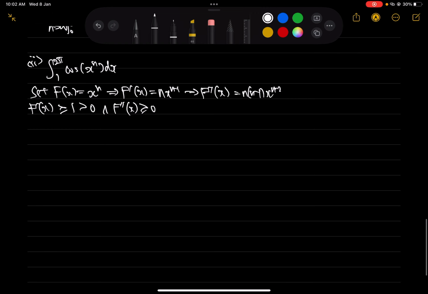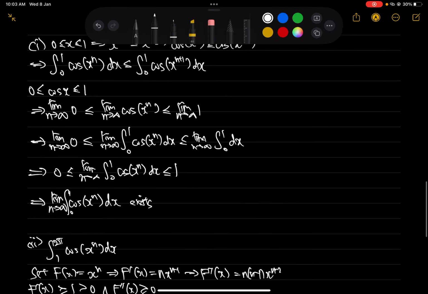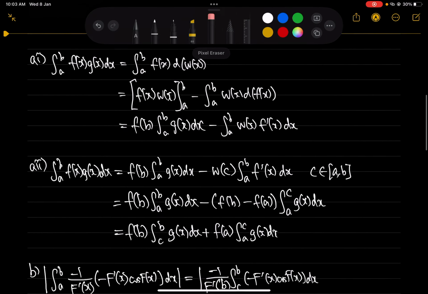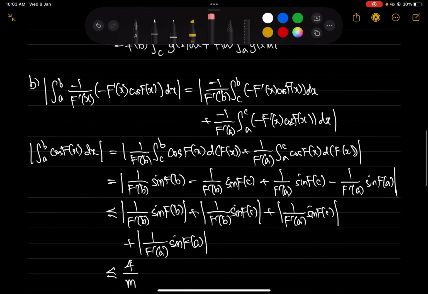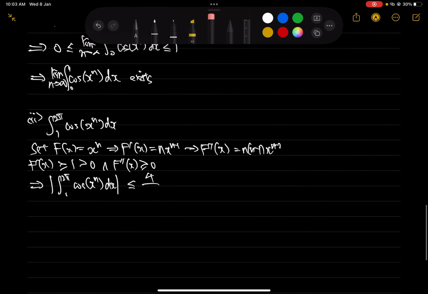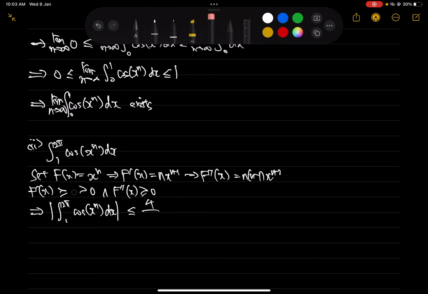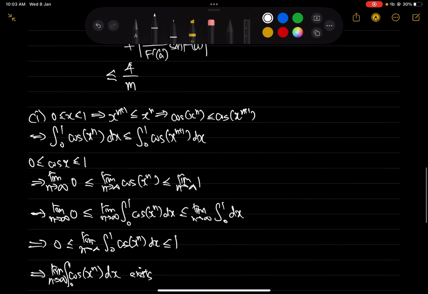So we have this function is less than or equal to 4 over m, but that m value in part C2 is n, sorry, not 1. That is insane. So we could have 4 over n here.